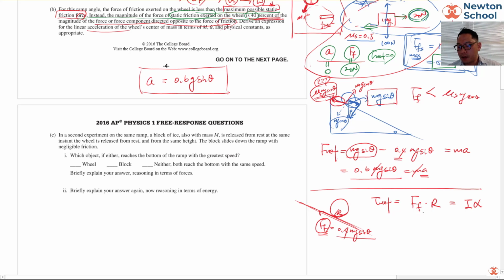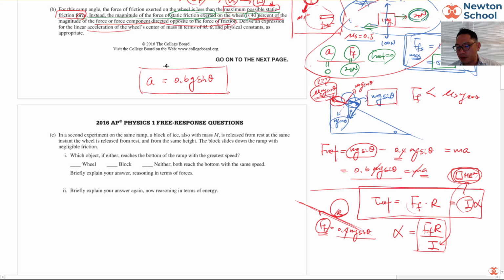So from using this, if I know what I is, usually it has the format of some constant times mr squared. If you put it in, you can cancel this. Then if you divide by I on the left side, you can figure alpha is force of friction R over I. And if you know the value of I and put that in, this comes out as a nice equation, and it will cancel most of them out.